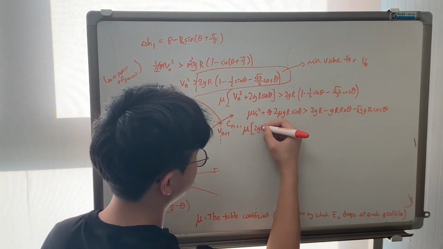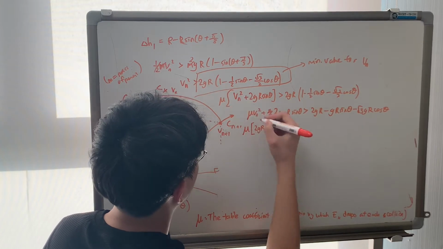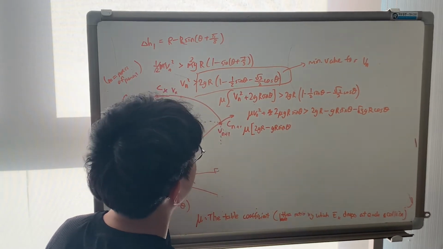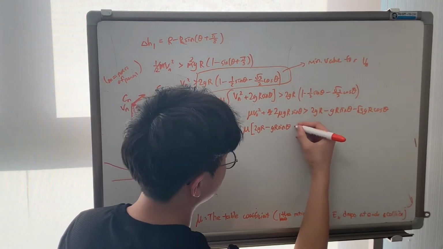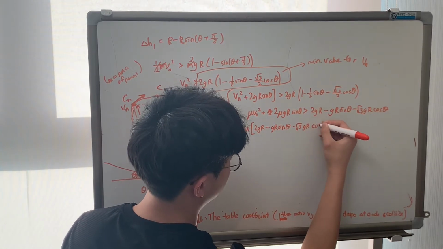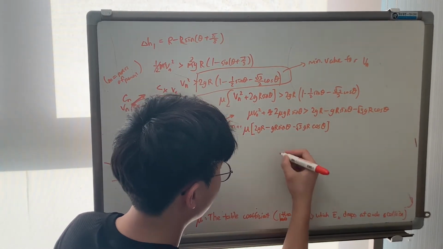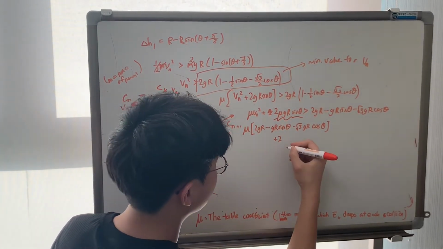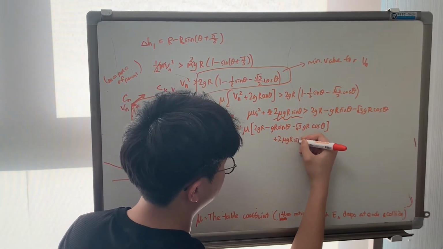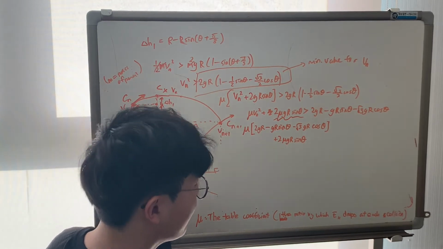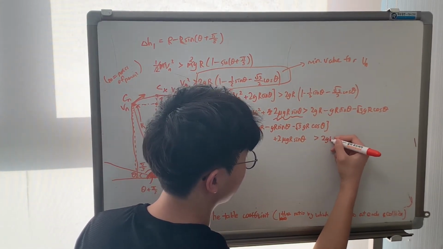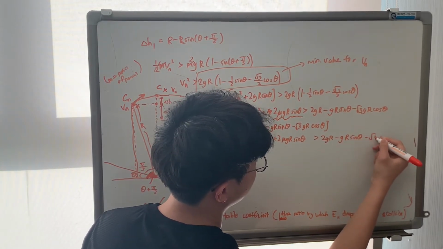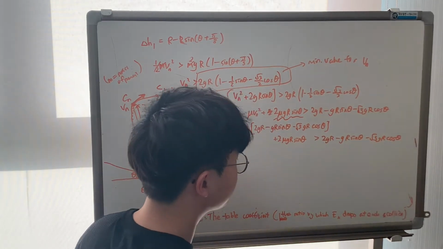So I'm going to get 2gr minus gr sine theta and minus root 3 gr cosine theta, close bracket, and we also have this term over here, so we have plus 2 mu gr sine theta, and we know that's going to have to be greater than 2gr minus gr sine of theta minus root 3 gr cosine of theta.